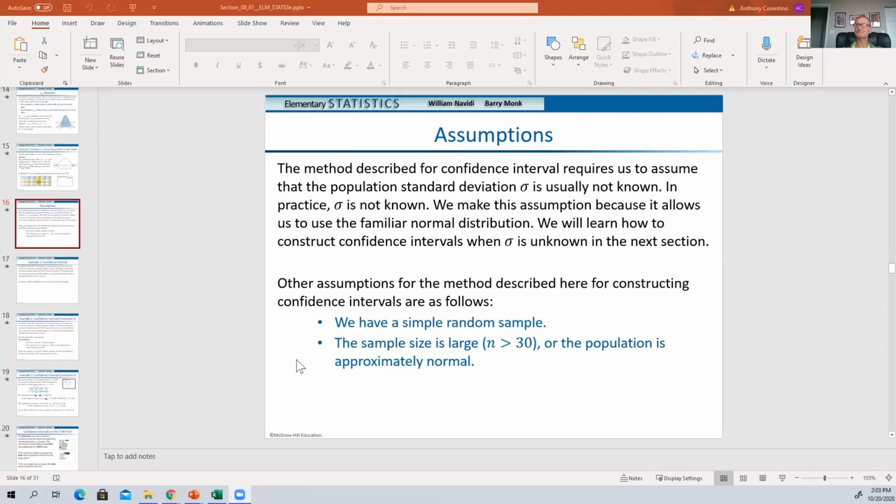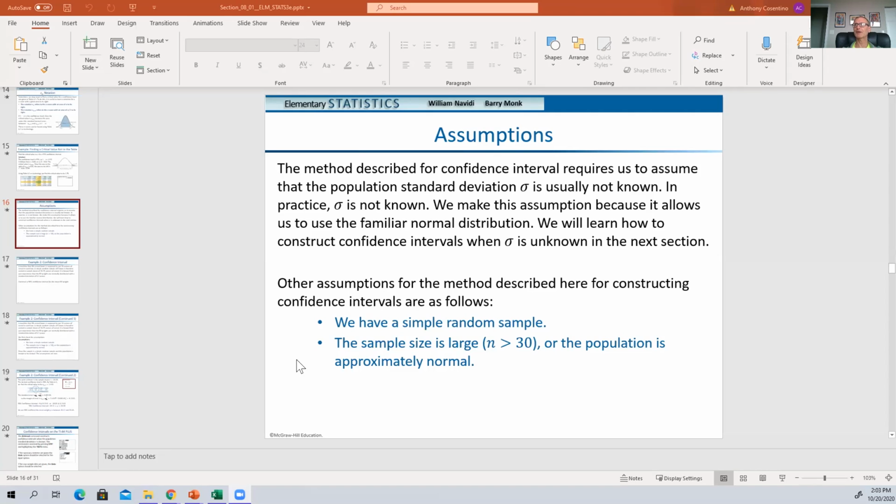And so here are the assumptions that we're making so far. We've got a random sample, and we could use the central limit theorem idea that the mean of any distribution will model a normal distribution given the sample size is greater than 30.